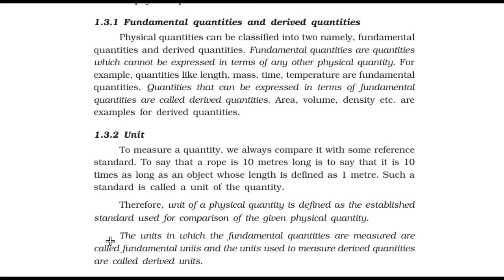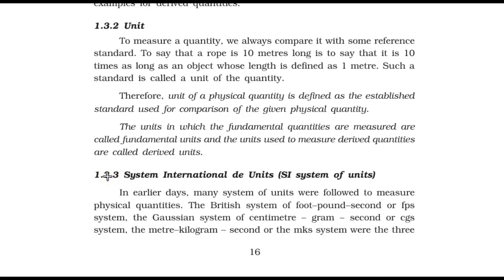The units in which the fundamental quantities are measured are called fundamental units, and the units used to measure derived quantities are called derived units. The SI system of units.